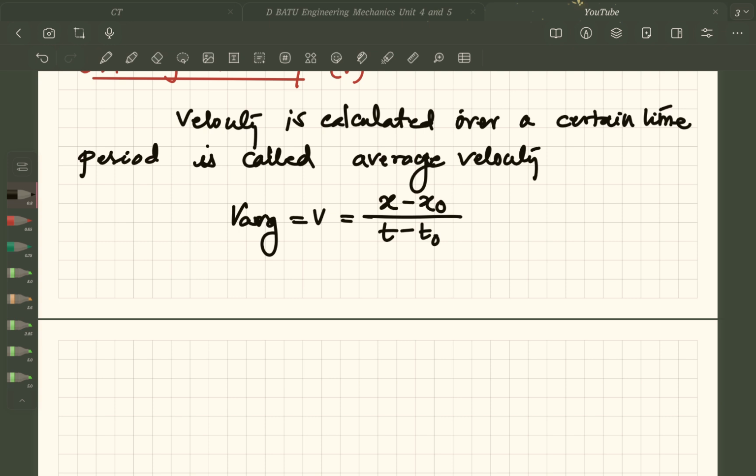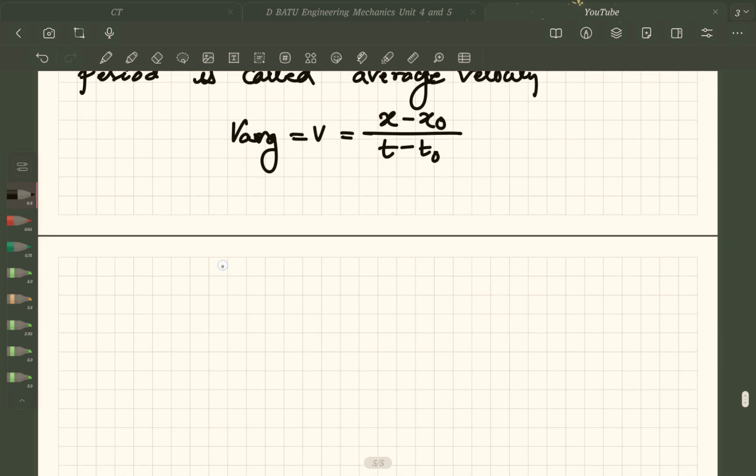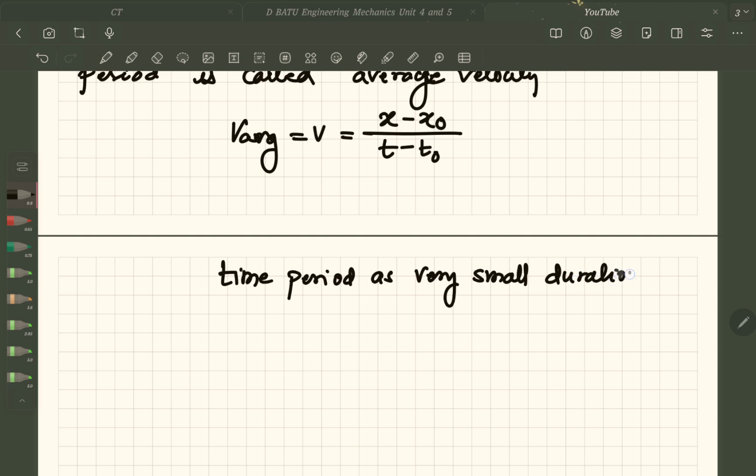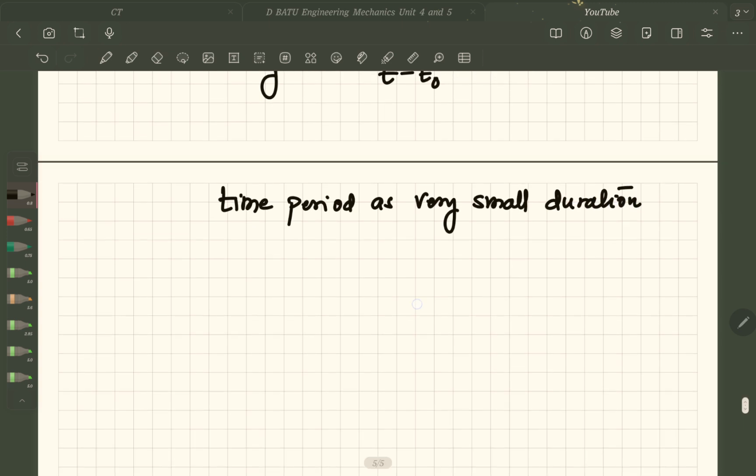I am considering the time period as a very small element, a very small duration. Because of that, the time period t minus t0 is very small, so it becomes dt.